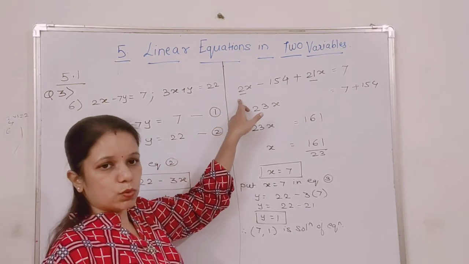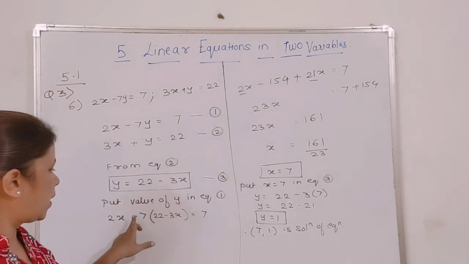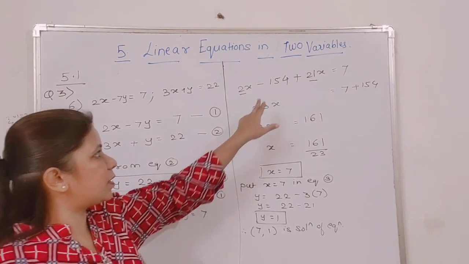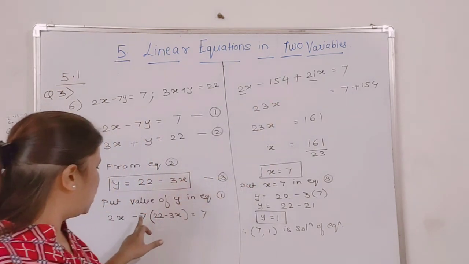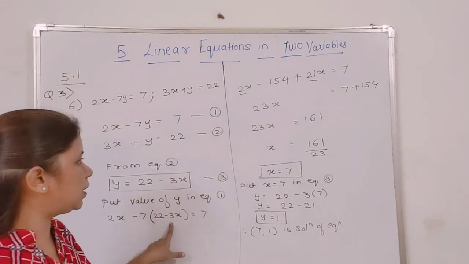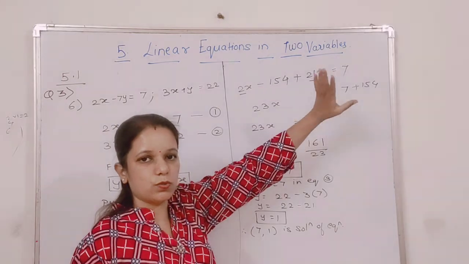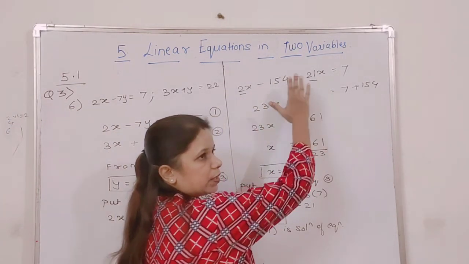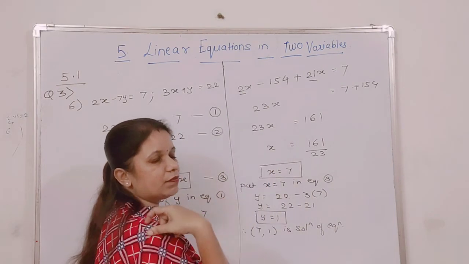So 2x, minus sign as it is, 22 into 7 will come to 154. Minus times minus, plus 7 into 3 is 21x is equal to 7. Now this 2 and this 21 will remain on this side itself. They will get added.